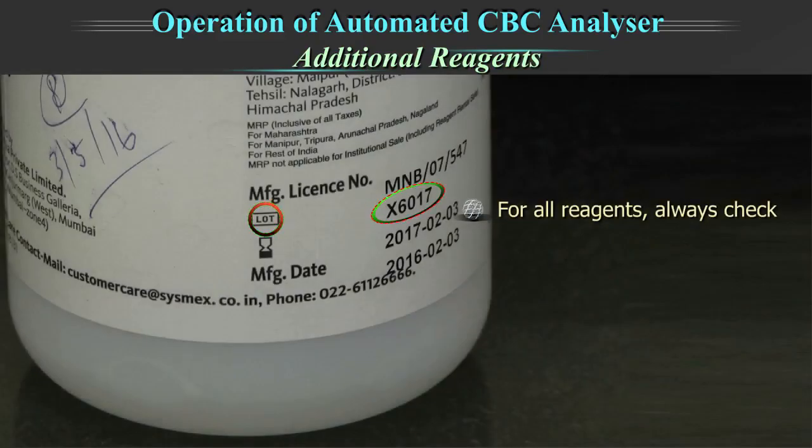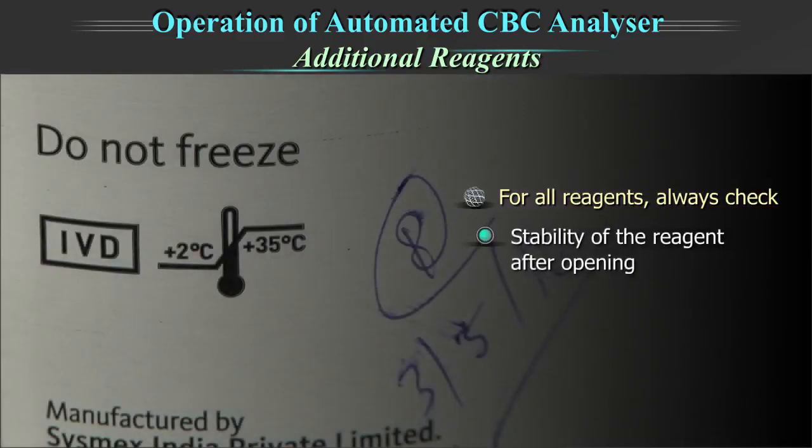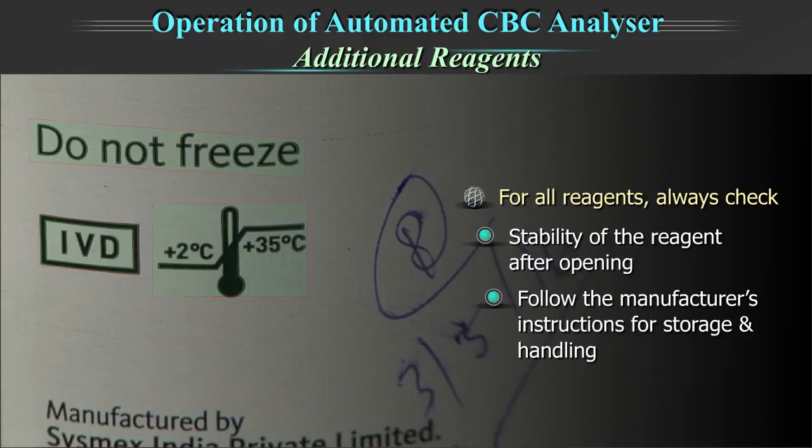For all reagents, always check the lot number and expiry at the time of receiving and before opening the reagent. Note the stability of the reagent after opening and follow the manufacturer's instruction for storage and handling.